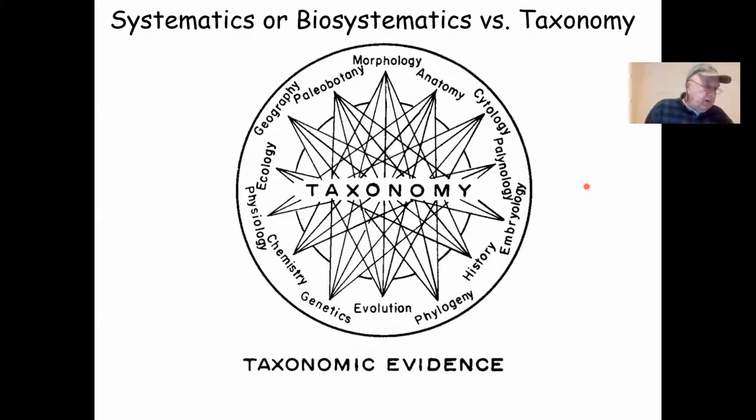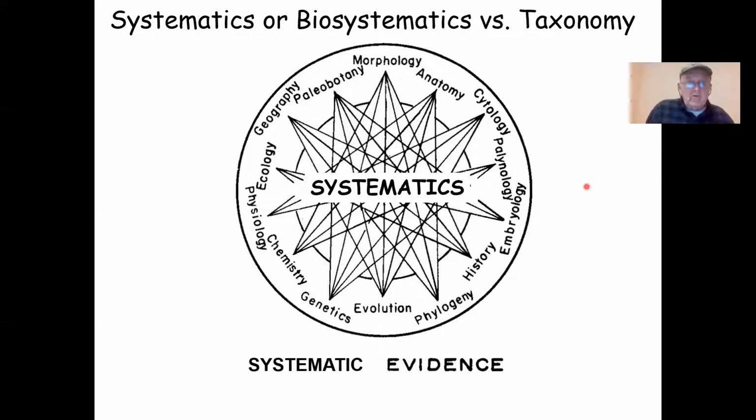And to a certain extent, taxonomy is still that way. But the better taxonomic systems involving classification especially try to incorporate all aspects of the biology, which is why the term systematics, or better yet at the title at the top, biosystematics, has come into play. When you do systematics, you're studying all aspects of the biology.